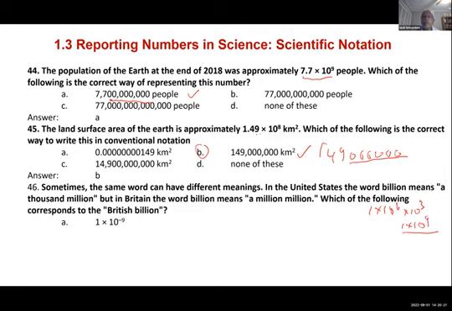But in British usage, a million is 10 to the 6 times 10 to the 6, and that becomes 12. So which of the following is the British billion? 10 to the 12. The answer is B.